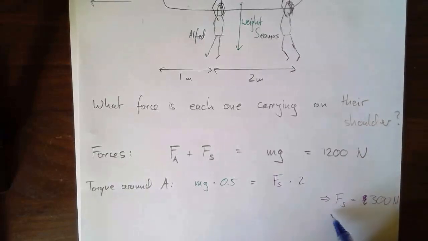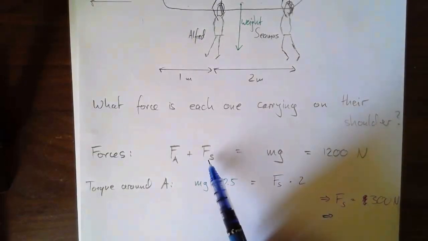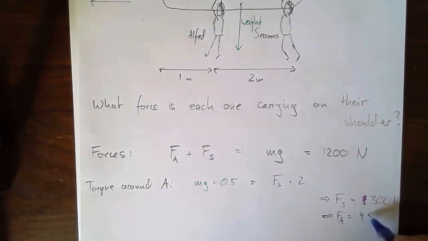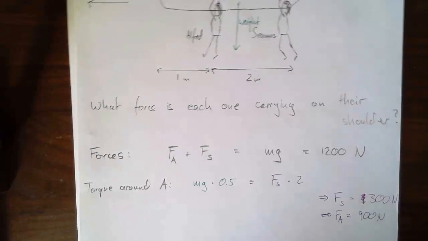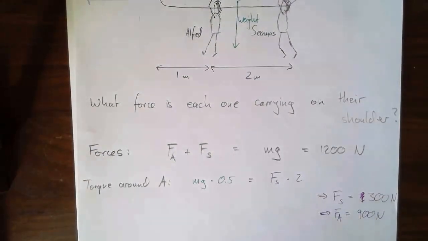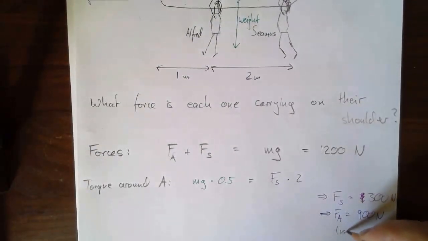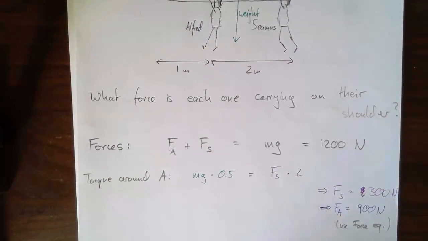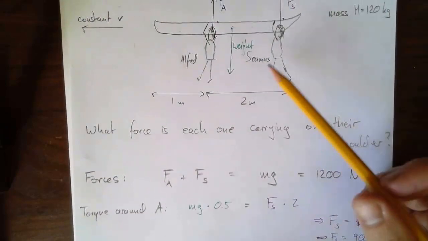I could right away say that therefore, if this is 300, Fa is 900 newtons using the force equation. Now, the problem is solved, right? If this were the exam, or really just going to calculate, we're done.